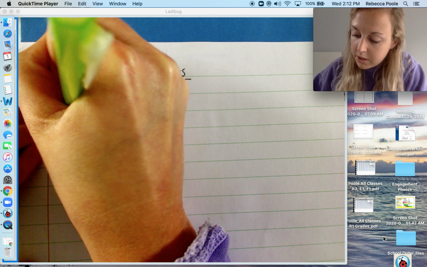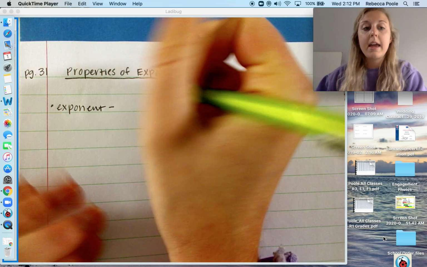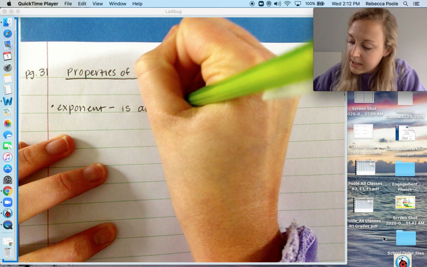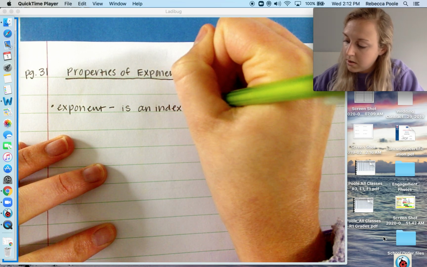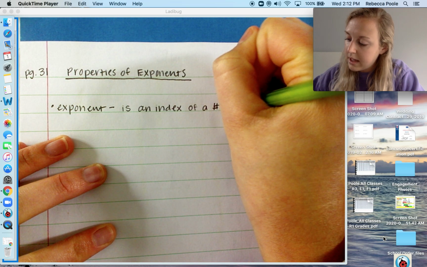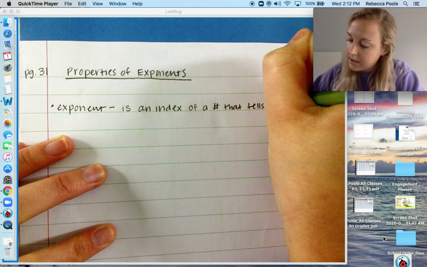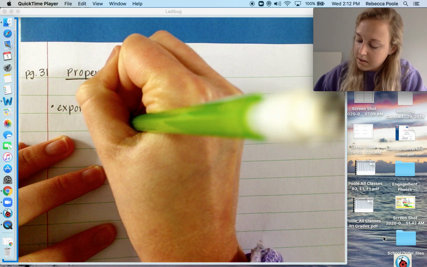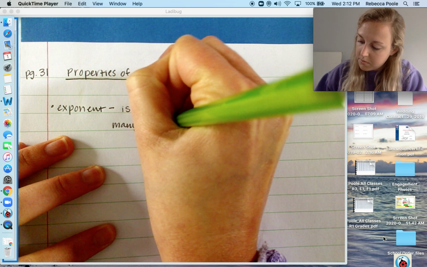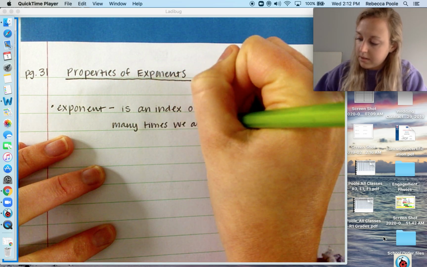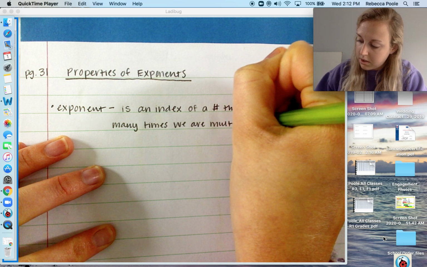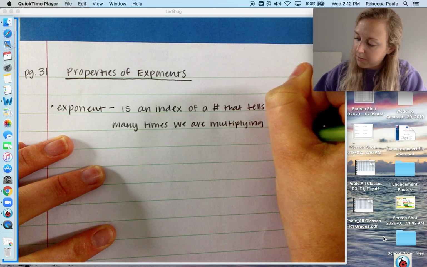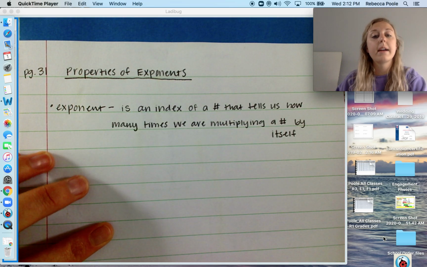So just to review, an exponent is an index of a number that tells us how many times we are multiplying a number by itself. Okay, so that is what an exponent is.